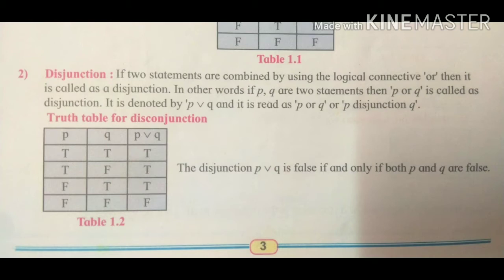Let P and Q be two statements, then the disjunction of P and Q is denoted as P, the symbol of disjunction, Q. It is read as P disjunction Q, or it is also read as P or Q. In the truth table, we have to only remember that if P and Q both the statements are false, then the disjunction is false.